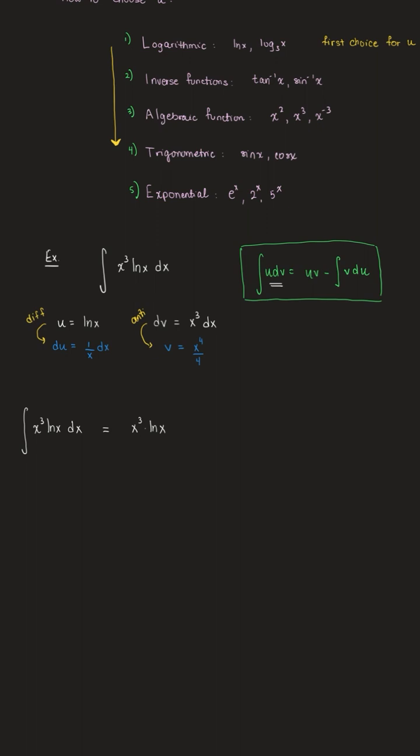Oh, sorry. v is x to the 4 over 4. Sorry about that. I misread. So uv is the product of u, and v is down here. I apologize for that. Okay, minus the integral of v du. So here's our v, x to the 4 over 4. And here's our du, 1 over x dx.